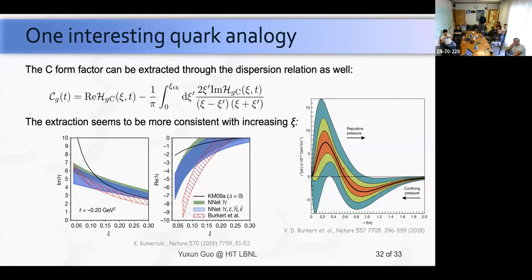So even though it's a very different framework, as skewness gets larger it seems more consistent that you can extract those gravitational form factors from the real part of the Compton amplitude. This is a very interesting analogy in the quark case, but again, this skewness is not very small, so this does not mean extending our arguments here, but it is a very interesting cross-check for the quark case.